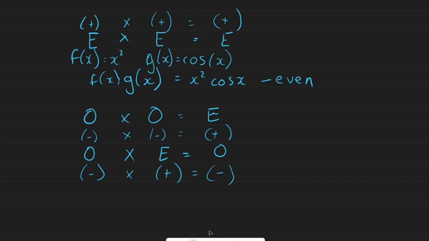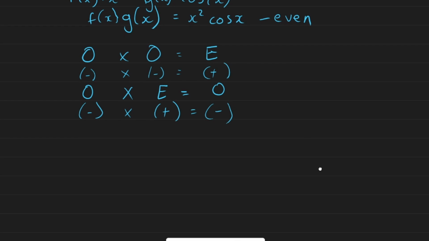So this affects our work with the Fourier series, and we can illustrate that with some examples. But before that, let's just analyze what even and odd functions do when we try to integrate them. We can take a function.